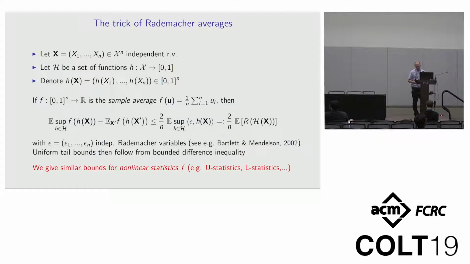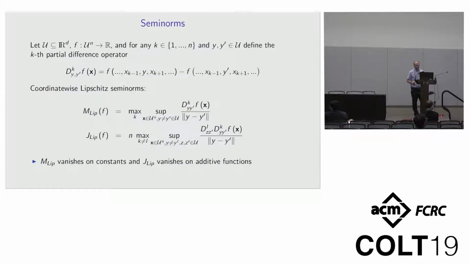Okay. To present the result, we require some quantities, and we require some semi-norms which measure the dependencies between the variables for the functions f. In general, we consider a function f from U^n to R, where U is a subset of R^d. In the previous slide, it was the unit interval.